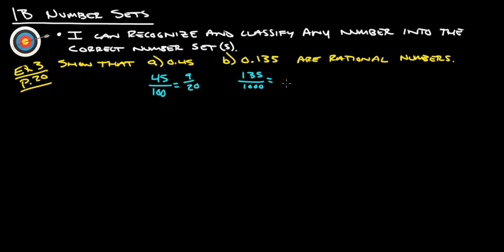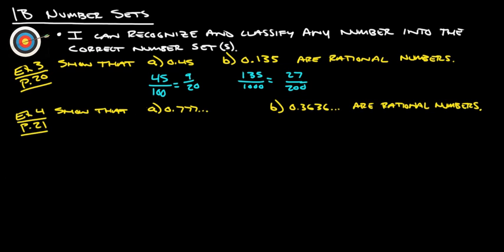And we can simplify this one as well. Let's divide both of those by 5 also, and that's going to end up simplifying down to 27 over 200. Okay, so we have now shown that those are rational just because we expressed them as a fraction.